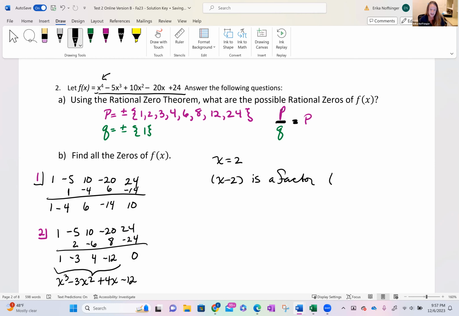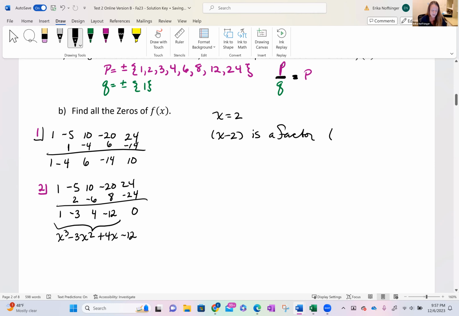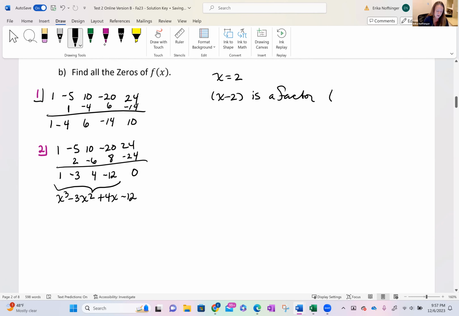Looking at this, I can see that I can use factoring by grouping. If you have 4 terms, sometimes factoring by grouping is helpful. Looking at my first 2 terms, x cubed minus 3x squared, they both have an x squared in common. I'm going to factor that out of both of those terms. Pulling an x squared out of x cubed, I'm left with x. And pulling an x squared out of -3x squared, I'm left with a -3.